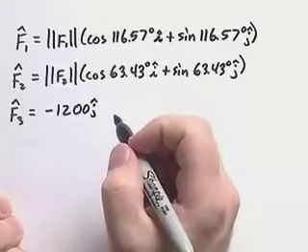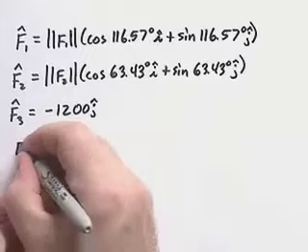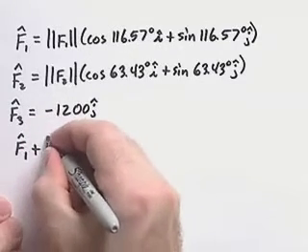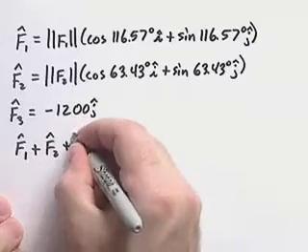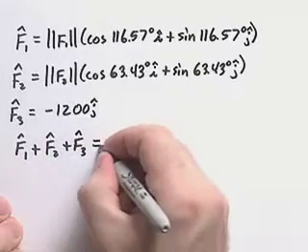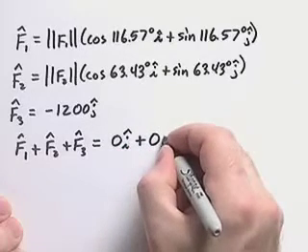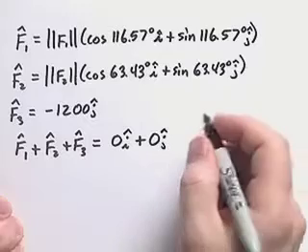Since the system is in equilibrium, we need force 1, plus force 2, plus force 3 to equal 0 times unit vector i plus 0 times the unit vector j.